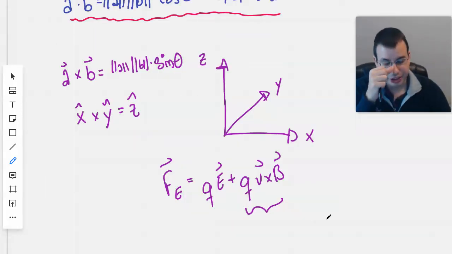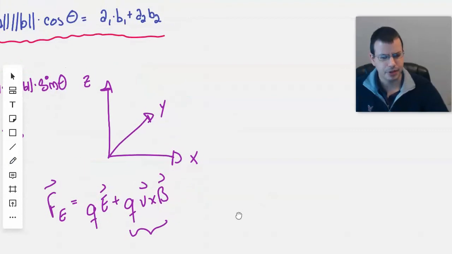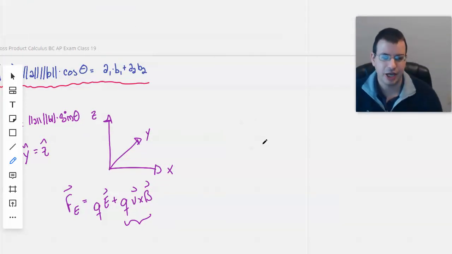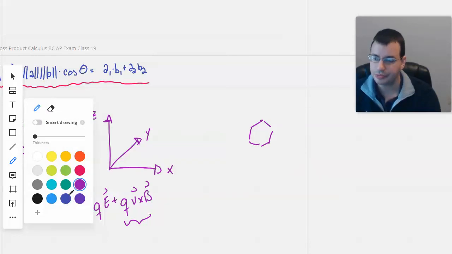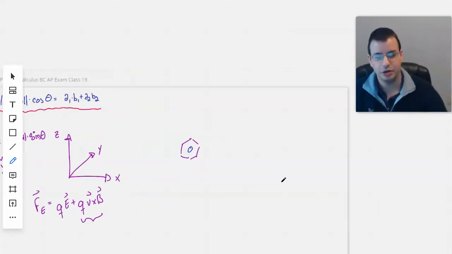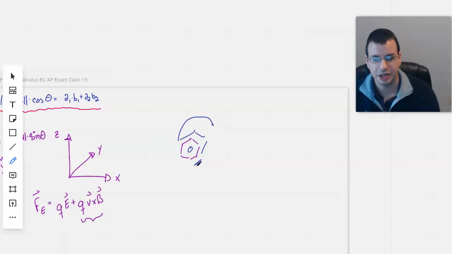The other instance, one that would be a little bit more intuitive, is if you're working with a wrench on a nut. Basically, top view here, you have some sort of nut, probably hexagonal. And you want to tighten or loosen it. You get your wrench, also semi-hexagonal in nature, and there's probably a little hole up there.